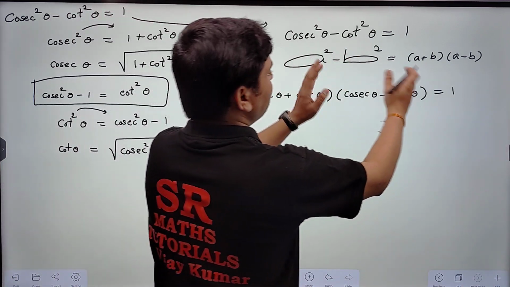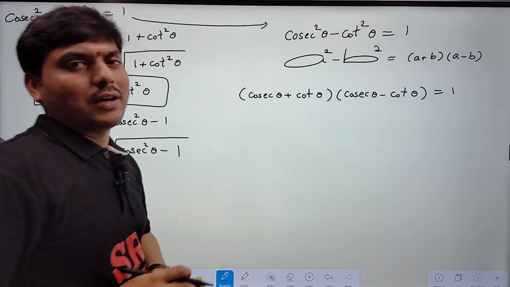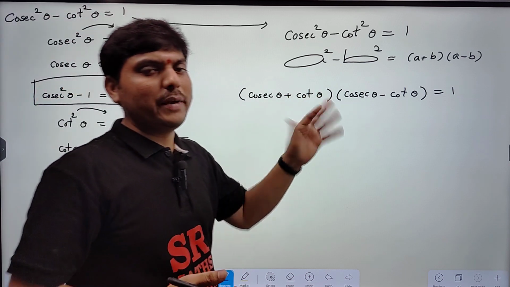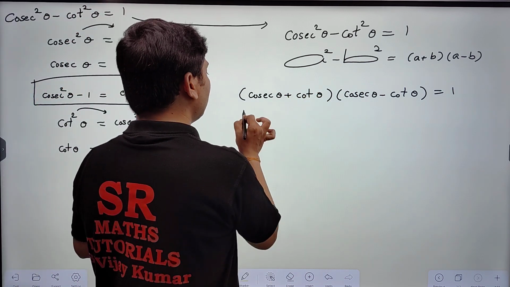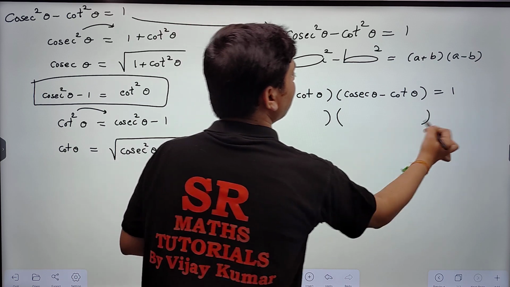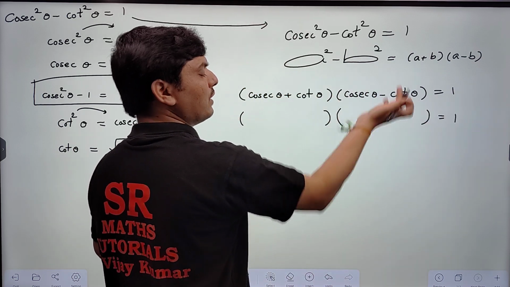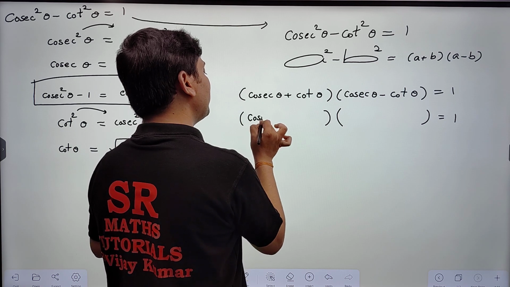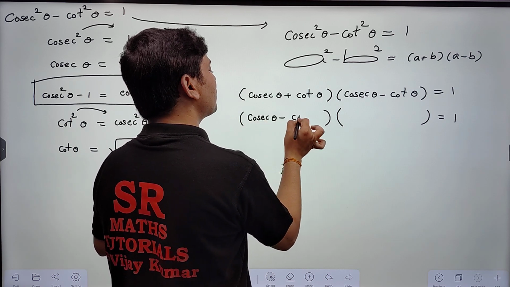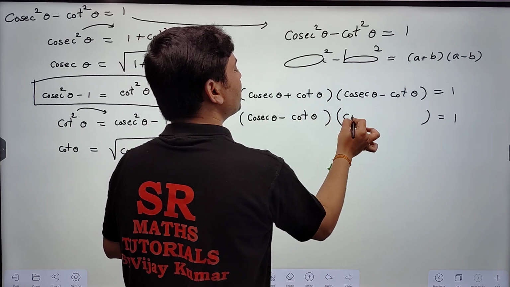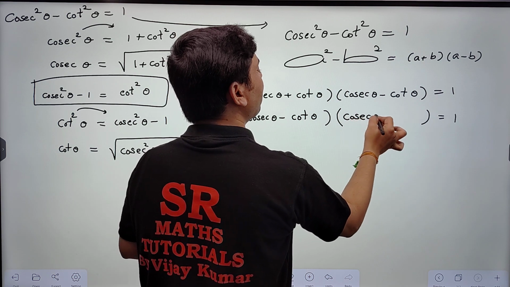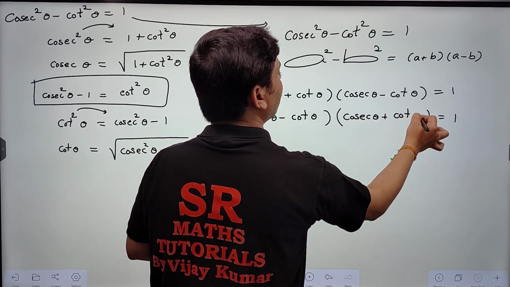Finally, these two factors are multiplied to each other. a into b is equal to b into a, the commutative property. So one more formula is there, which is also 1. Just the minus moves from left to right, right to left. Cosecant theta minus cot theta into cosecant theta plus cot theta is equal to 1.